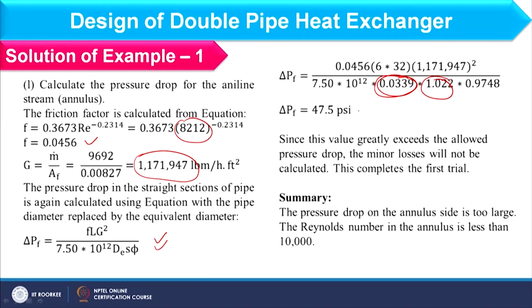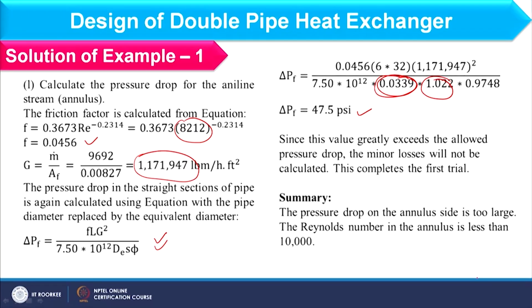So, the pressure drop in the straight pipe you can find as 47.5 psi, fine. Here you should not calculate the pressure drop in the return bend, because this pressure drop is already exceeding the permissible limit, which is 20 psi, fine. So, here my design becomes infeasible. We have to design in such a way that both pressure drops lie within 20 psi.